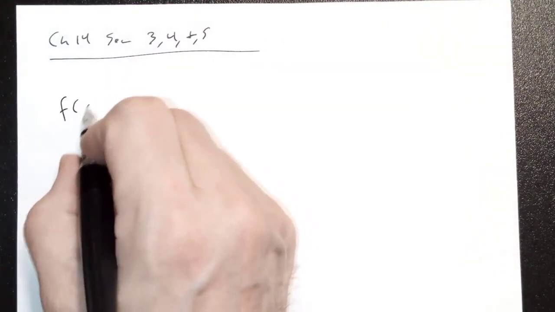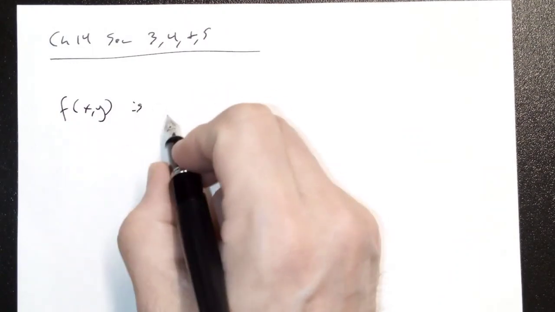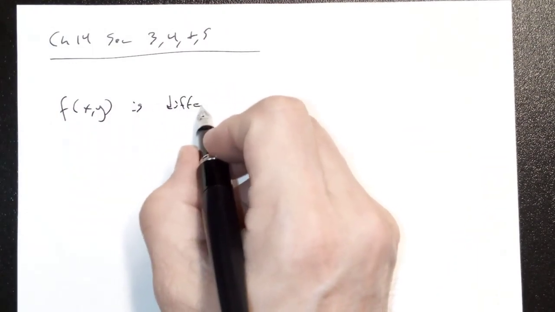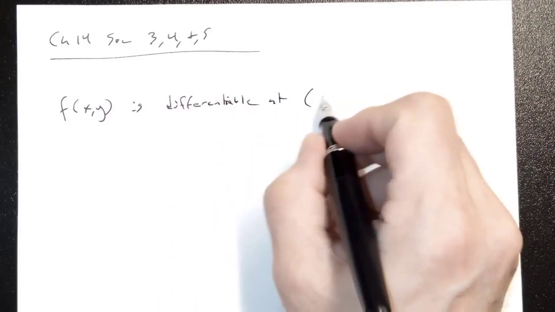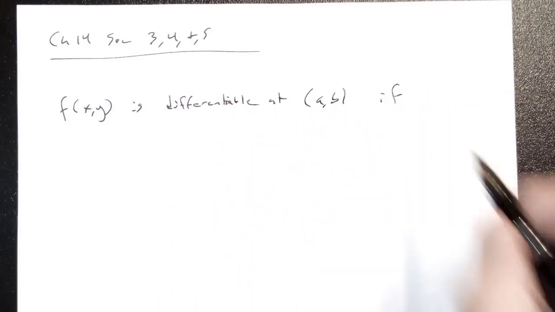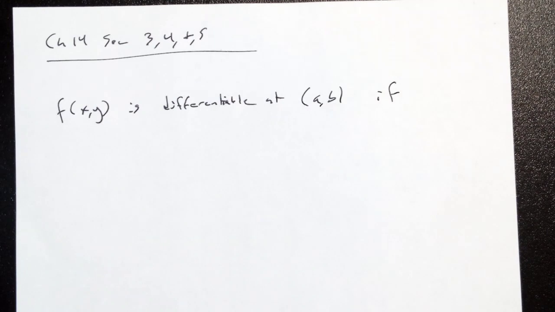So f of x, y is differentiable at a point if... There's a theorem that actually states this. I think it's back two pages from where we are. It's one of the boxed-in theorems.